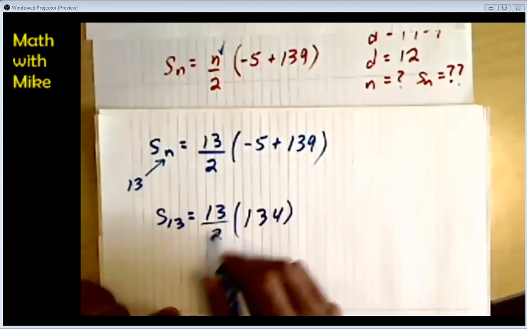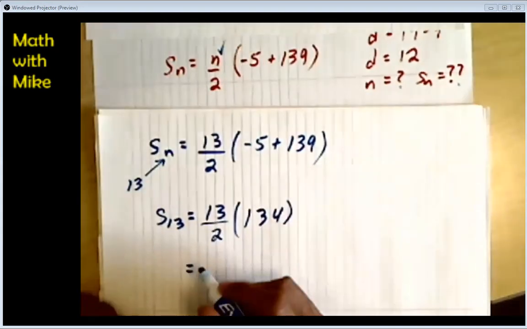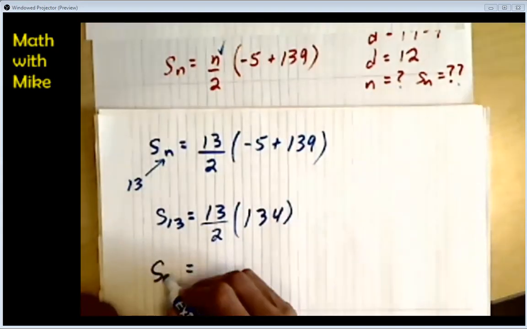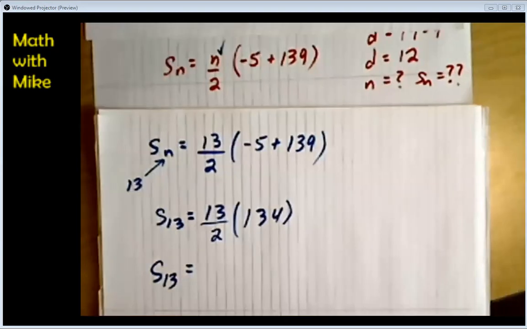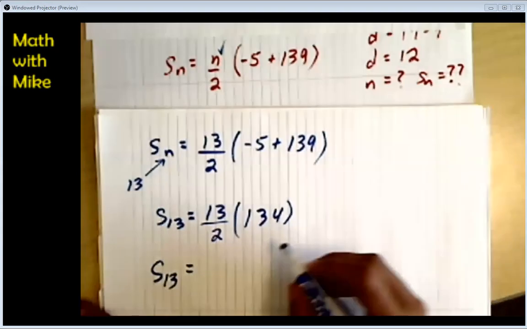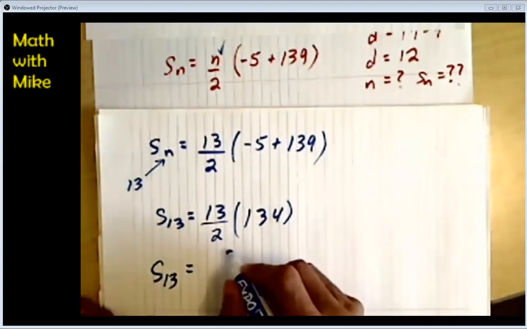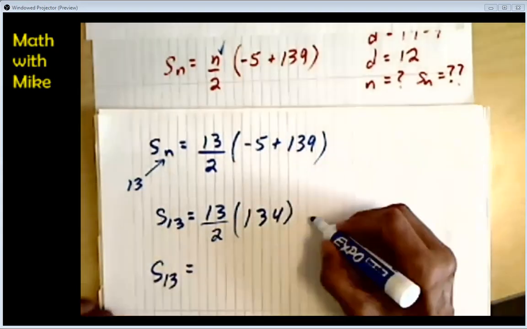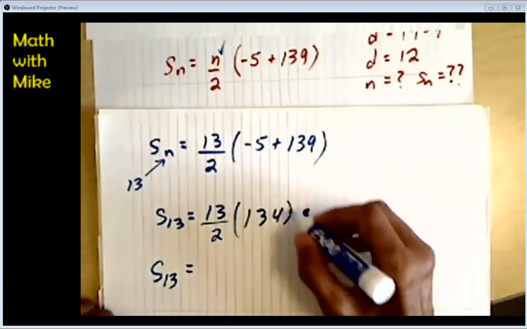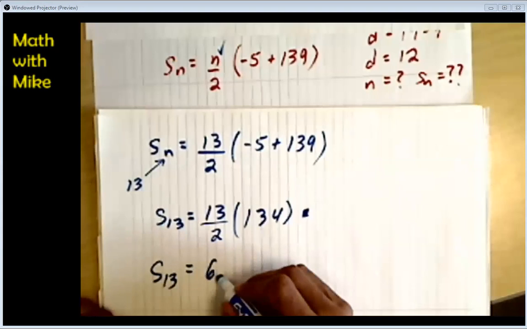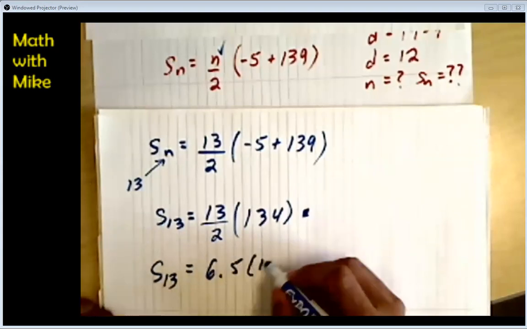Now a little bit of number crunching, so you can break out your old calculator if you like. You can do this all on your calculator at once, but if you like, you can think of this as 6.5 times 134.